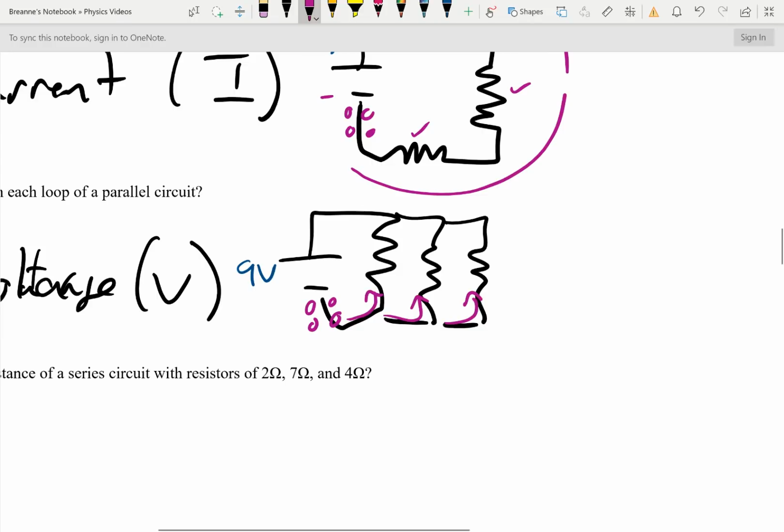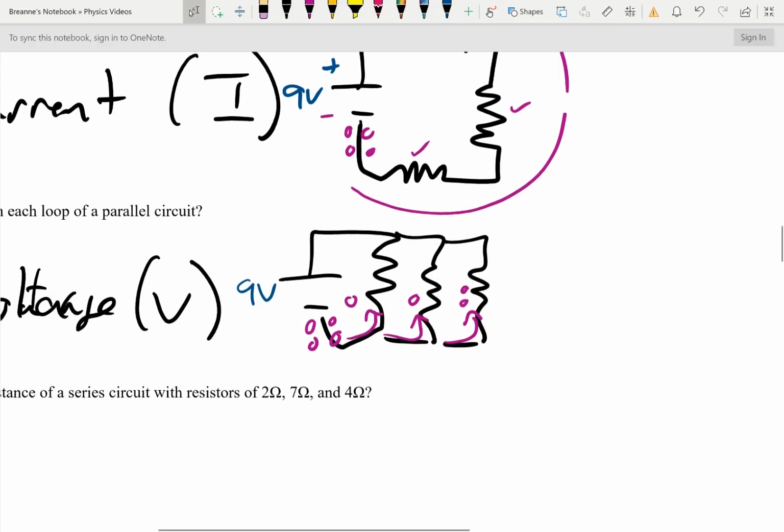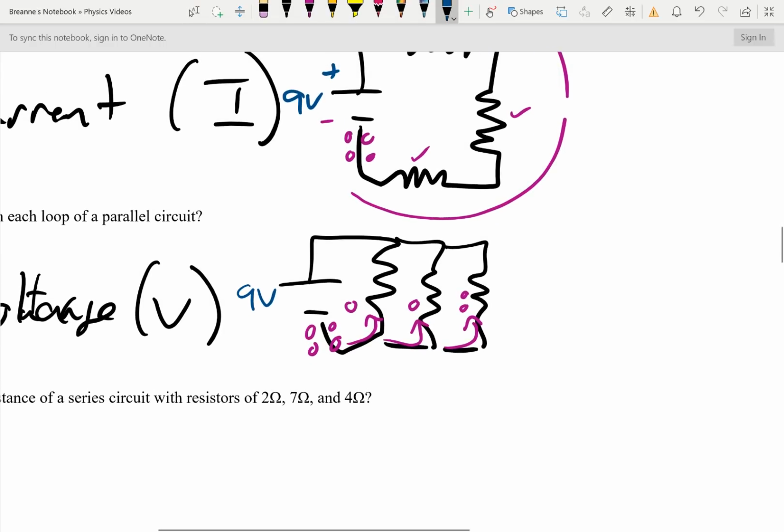Let's say 1 goes this way, 1 goes this way, and 2 go this way. Each of them has the 9 volts, but they only have to go through one resistor. In the series circuit with a 9-volt battery, they have to go through all 3, so each resistor takes up some voltage. But in this case, they're all getting the same volts.